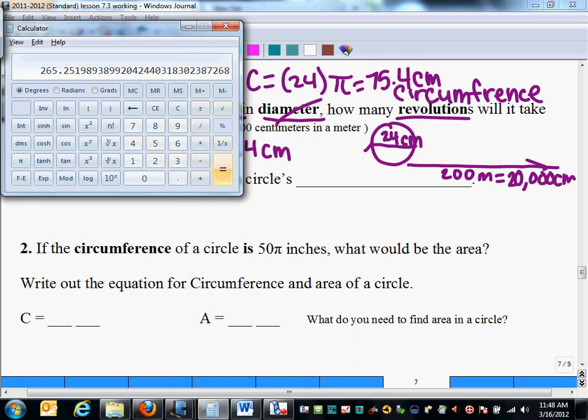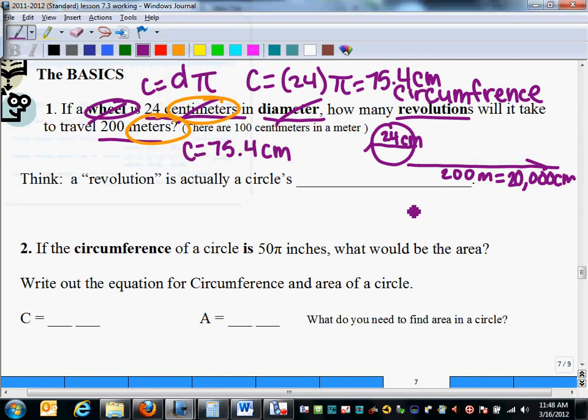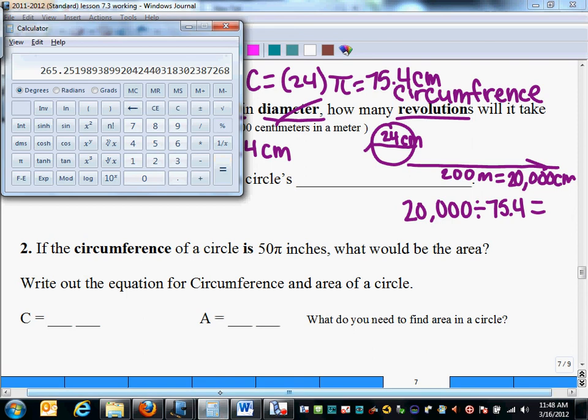Now you're going to take this number. So then it's 265. Okay, so what is your diameter here? You know what diameter is? And how can you find your radius? Can you find the radius? 265.3.